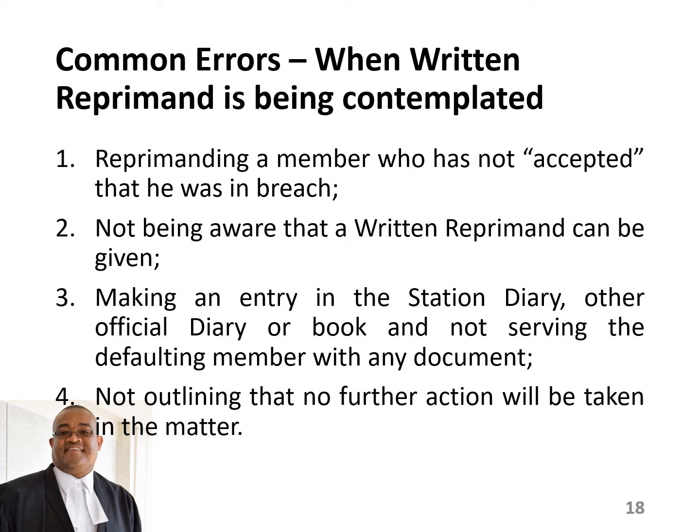Number three, making an entry in the station diary or other official diaries or books and not serving the defaulting member with any document. As a requirement of the policy, the member must be given a copy of the reprimand whenever they are reprimanded. Or not outlining that no further action will be taken in the matter. So there must be some closure to the matter if you give a reprimand.